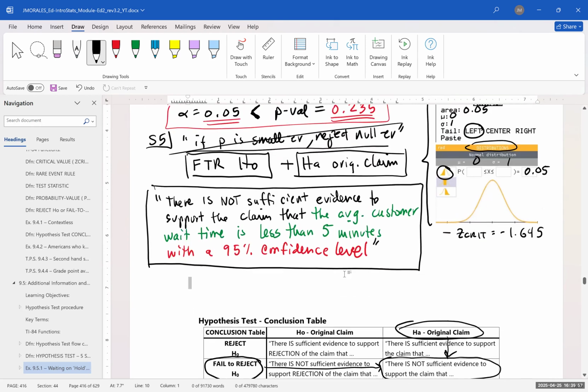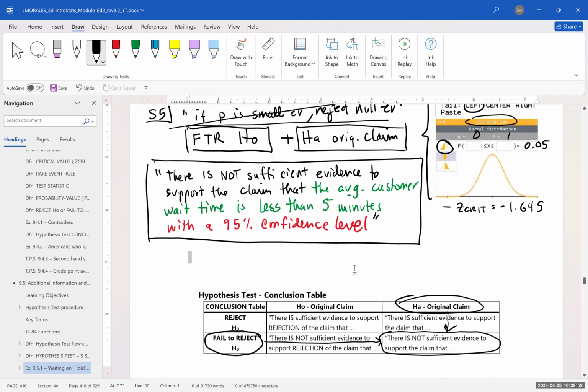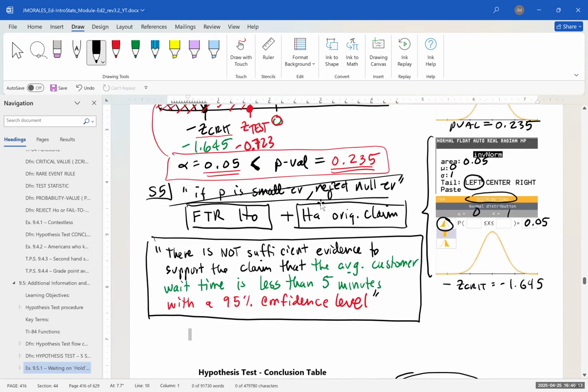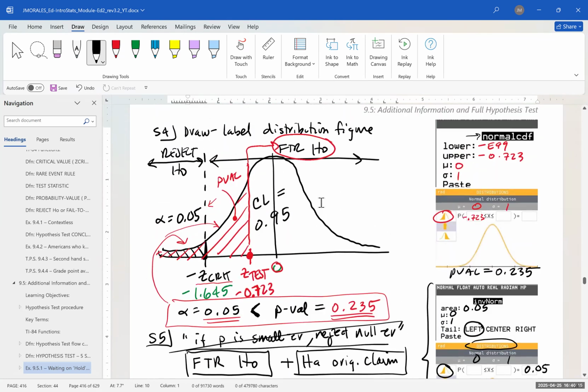So we're going to be going through these same 5 steps over and over again in this chapter, as well as chapter 10, chapter 11, and chapter 13. So you will get used to identifying these steps, and you'll get better and better with practice.